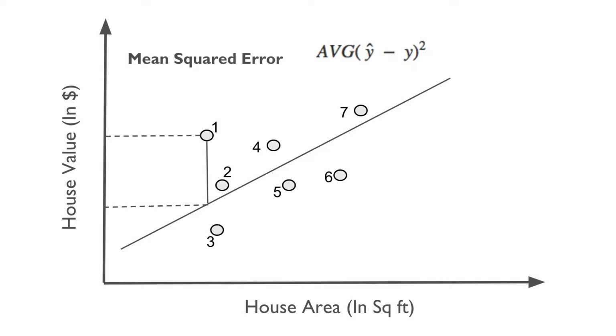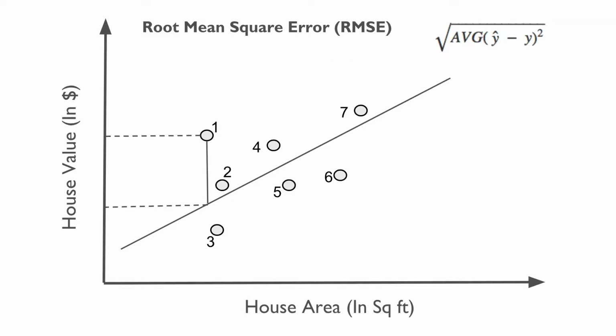Another popular criterion of measuring the performance is root mean squared error, that is RMSE. In RMSE, we take the square root of the mean squared error.